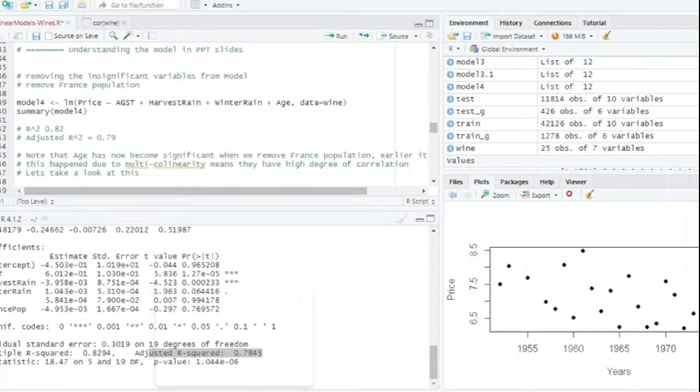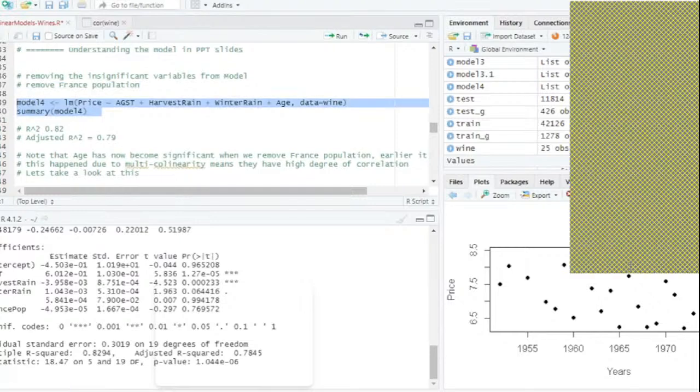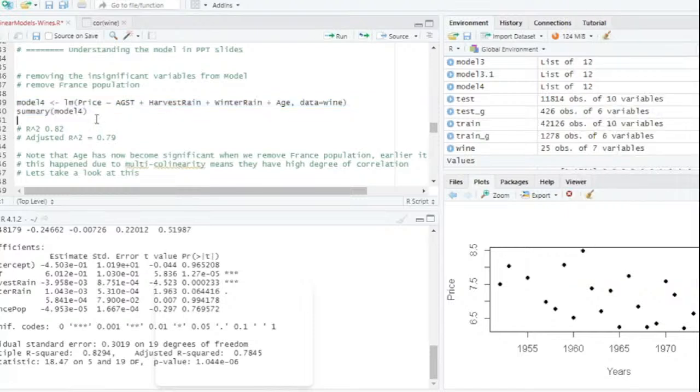I cannot include both of them, right? So I will run a model. First, I will remove France population and create another model, model 4. I'm sharing these codes. Run this model 4.